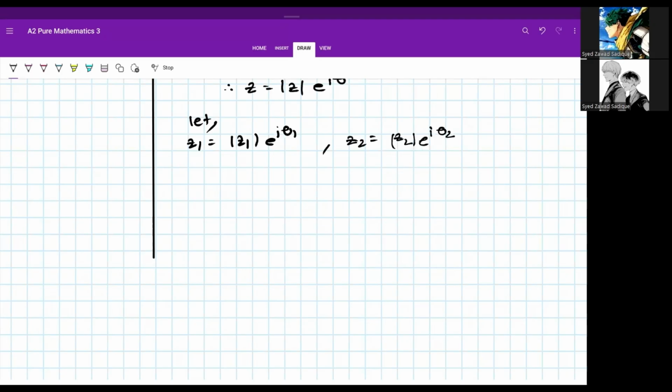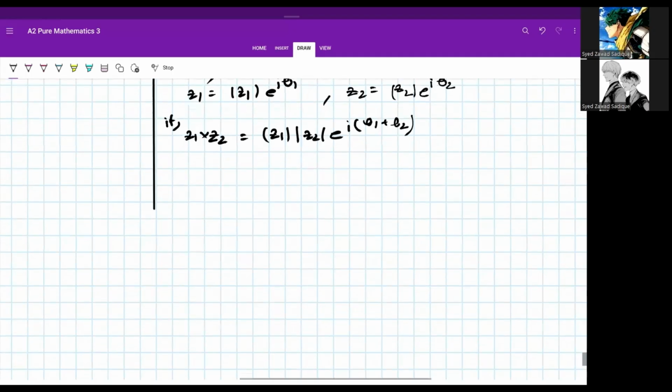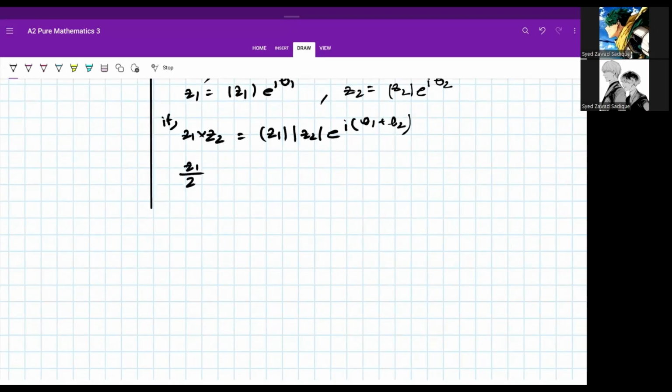Now if z1 and z2 are multiplied, then this would be modulus z1 z2 e to the power i times theta 1 plus theta 2. And for division, z1 by z2, it would be modulus z1 by modulus z2 e to the power i times theta 1 minus theta 2.